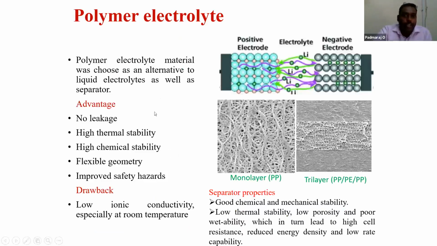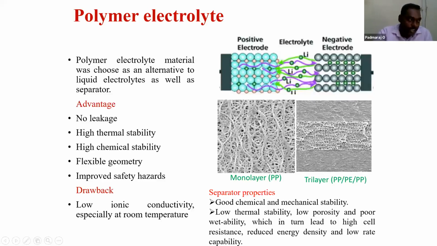Here, polymer electrolyte was chosen as an alternative to liquid electrolytes. What is the advantage of polymer electrolyte? No leakage, high thermal stability, high chemical stability, and flexible geometry. We improve safety, but the drawback is low ionic conductivity, especially at room temperature compared to the liquid electrolyte.